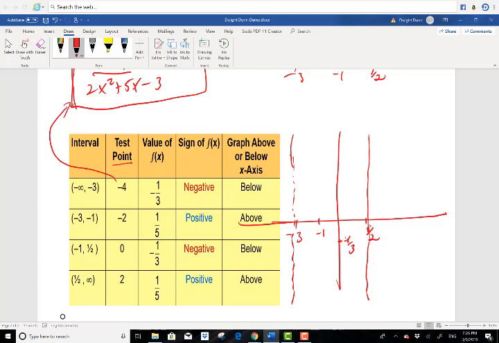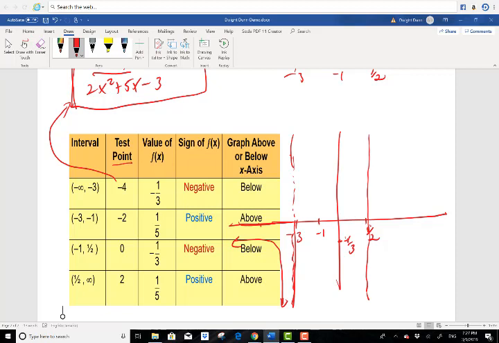So if that is the case, we know from negative infinity to negative 3, the graph is below the x-axis. So if it's below the x-axis, if this is an asymptote, this is an asymptote, the graph must be looking like that because it's below the x-axis. It cannot be above or approaching from above because we know for sure that the graph must approach this asymptote, which is the x-axis, and this vertical line.